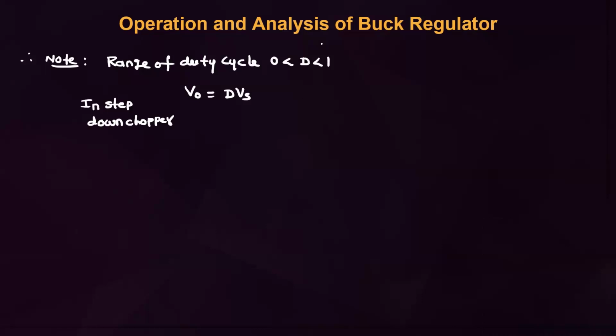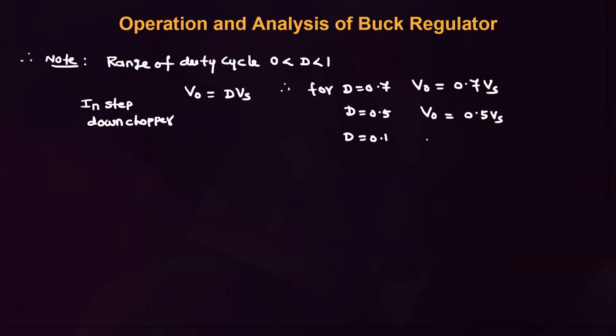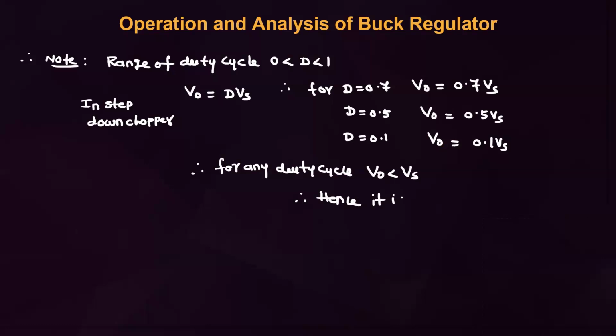You substitute any value in between 0 to 1. For example, for D equal to 0.7, what is V not? 0.7 Vs. For D equal to 0.5, V not is 0.5 Vs. For D equal to 0.1, V not is 0.1 Vs. For any duty cycle, we always get V naught less than Vs. Hence, it is a step down chopper.